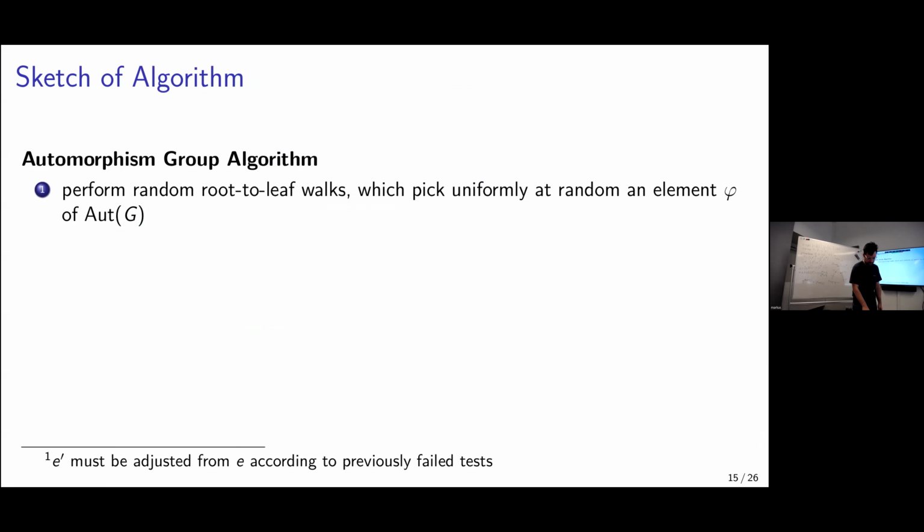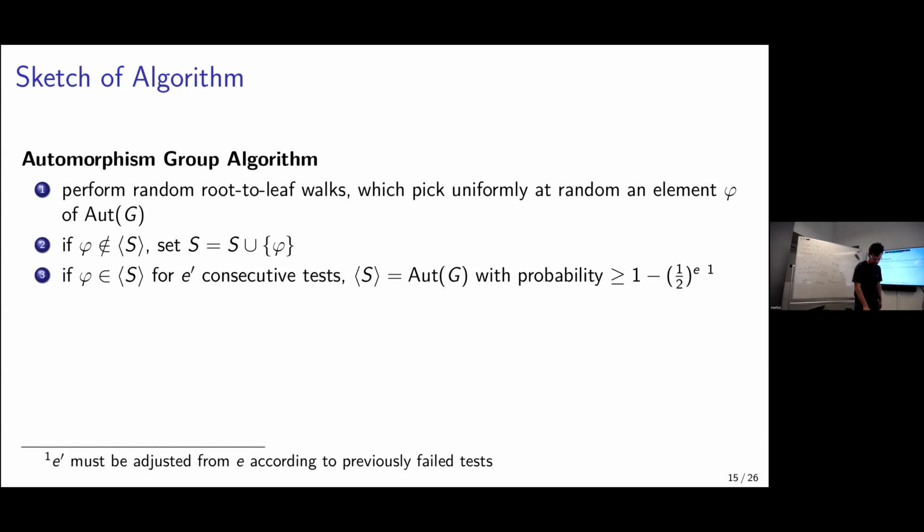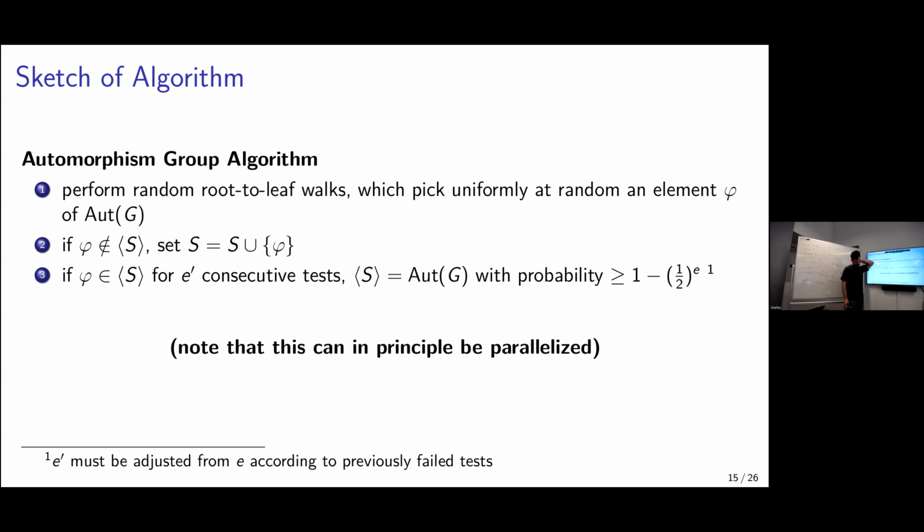Okay, so here's the sketch of the algorithm, which I think we've discussed. Perform random root-to-leaf walks. One thing I should note is that if this test fails, we need to be careful.